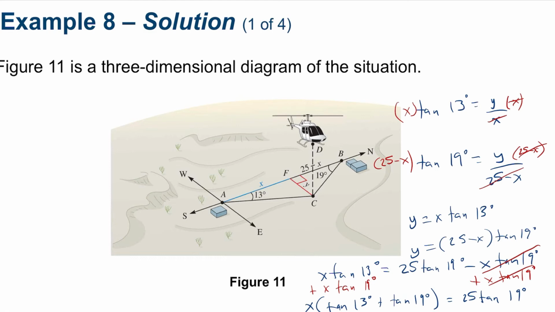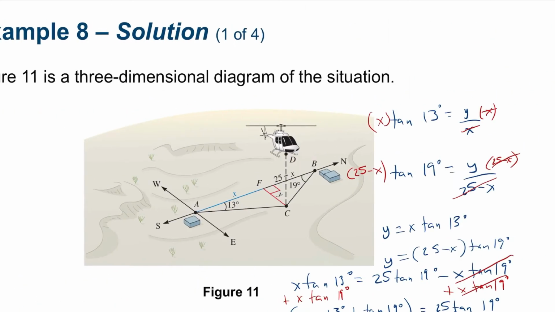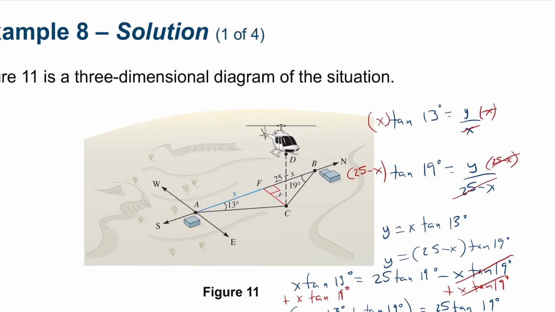So it should be x is going to equal 25 tangent of 19 degrees divided by the parentheses, which is tangent of 13 plus tangent of 19 degrees. Let me double check, and that is correct.